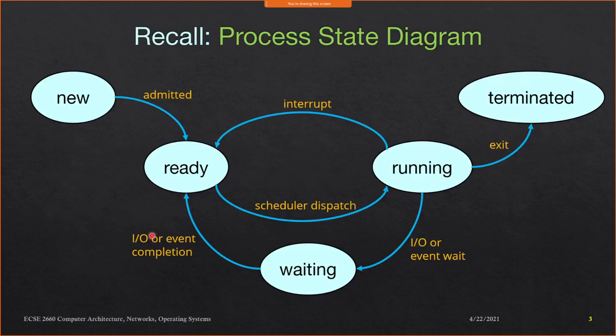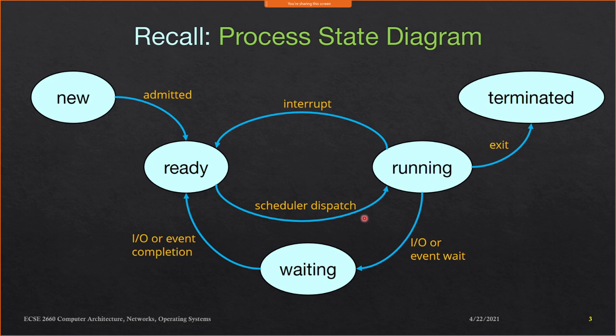So if you recall the process diagram, this is the life cycle of a process, right? So when it's new, it's admitted to the ready queue. A process is essentially waiting for the dispatcher to assign a processor to that particular process so that it can get executed.